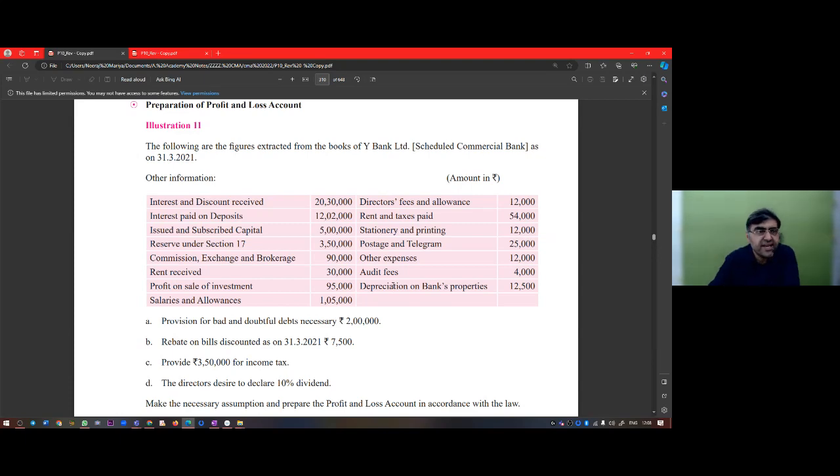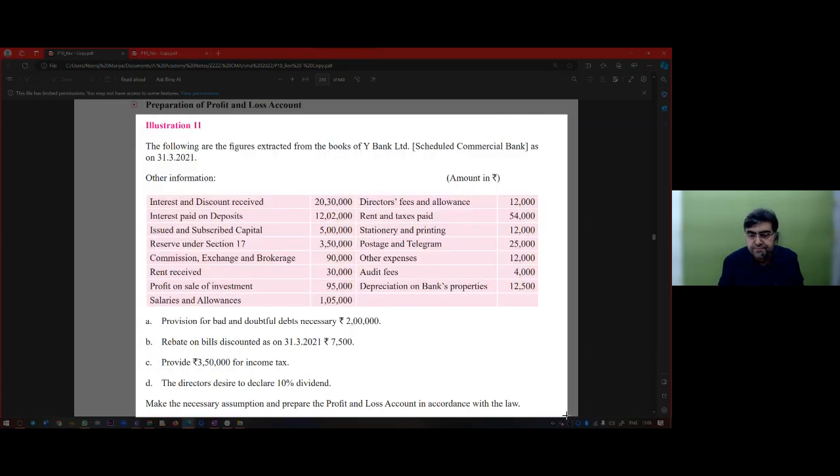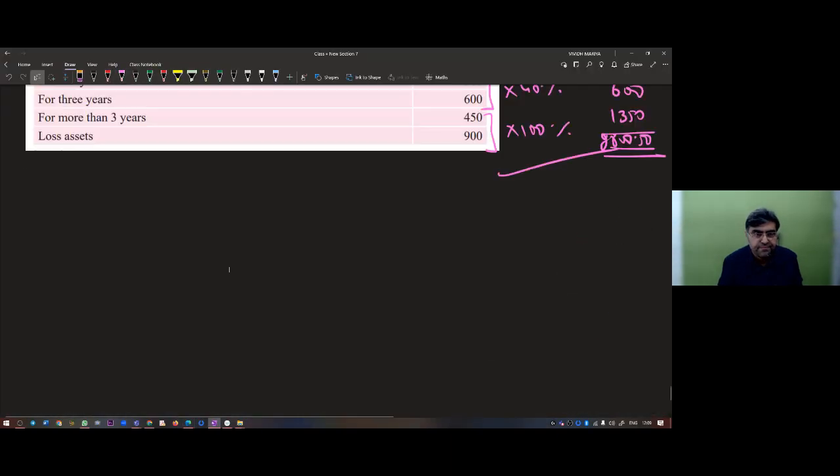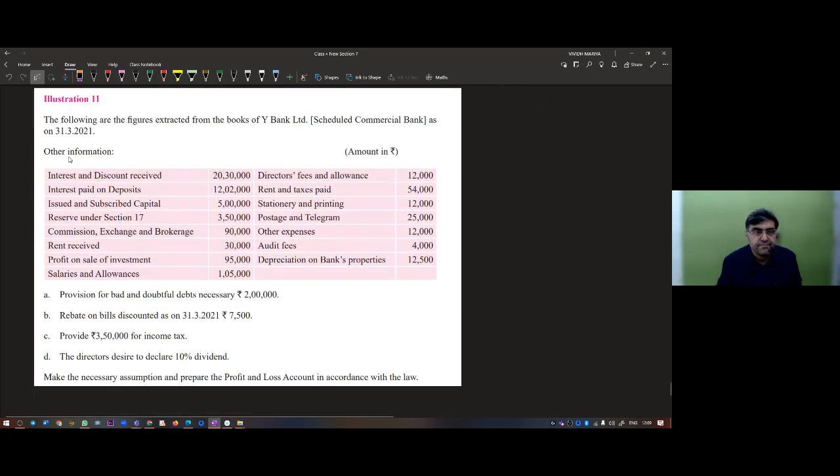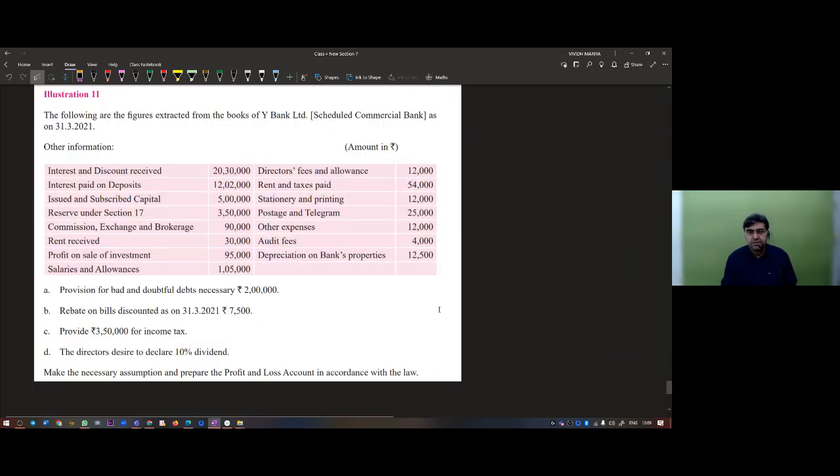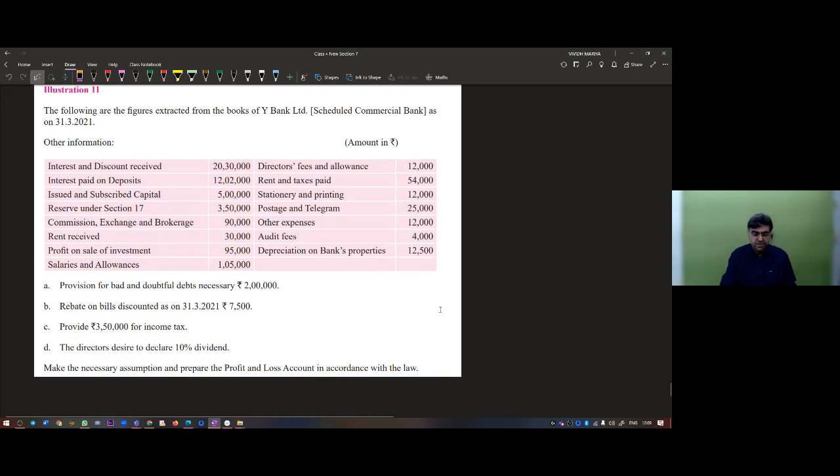Now, guys, listen carefully. Look here. Let's number provision and contingencies as PC, just as a short point. Now listen beautifully.